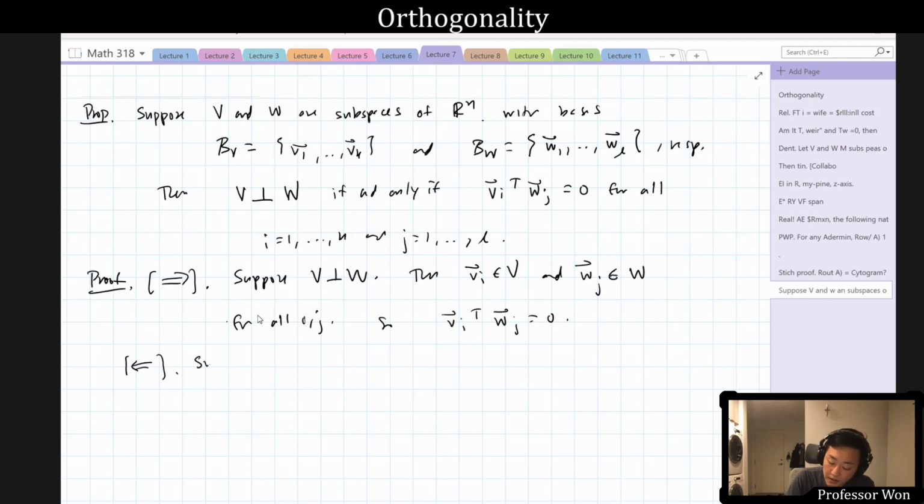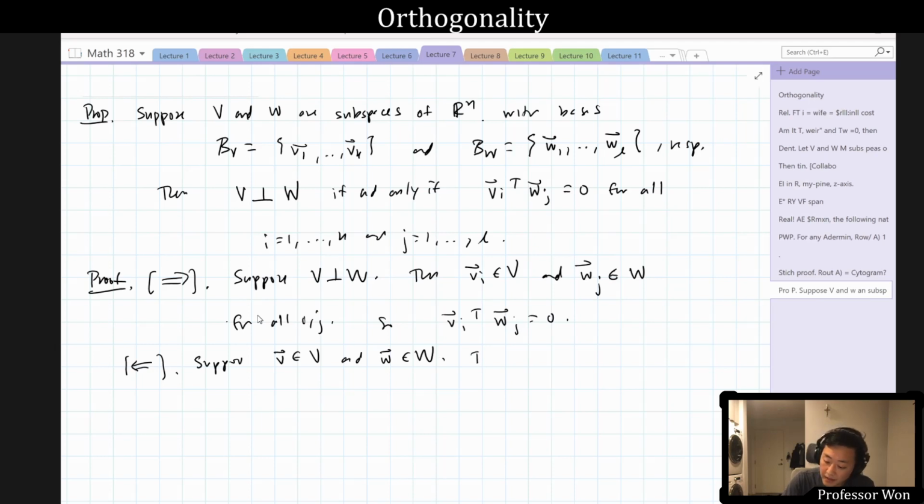So suppose that v is in V and w is in W. I'm assuming that each basis vector in V is orthogonal to each basis vector in W, and I want to show that the two subspaces are orthogonal. That means I need to choose an arbitrary vector in V and an arbitrary vector in W. Since v is in V, you can write it as a linear combination of the basis elements.